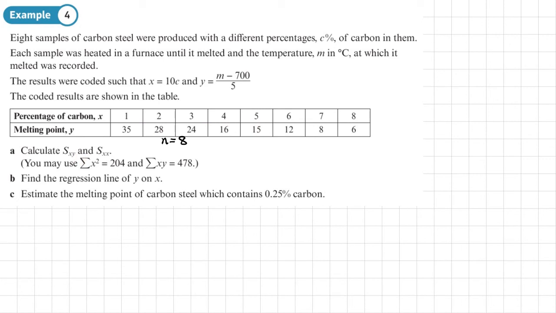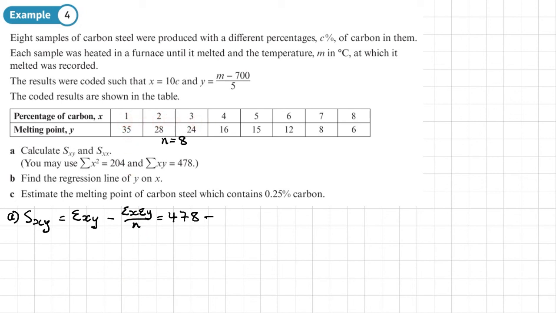Part A, we want to calculate Sxy and Sxx. So we'll start with Sxy, which is going to be the sum of xy minus the sum of x times the sum of y over n. So we can just substitute in, and the sum of xy is 478 minus, now we're not given the sum of x or the sum of y, but we can work them out.